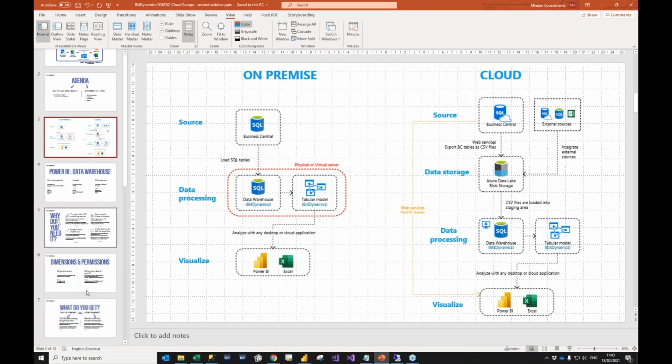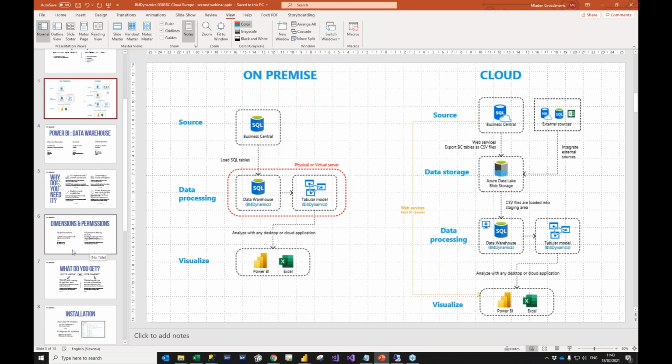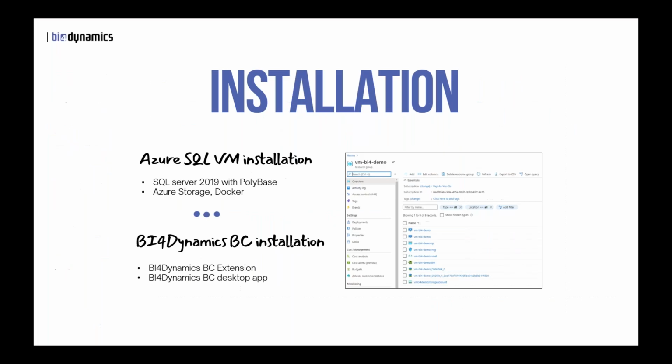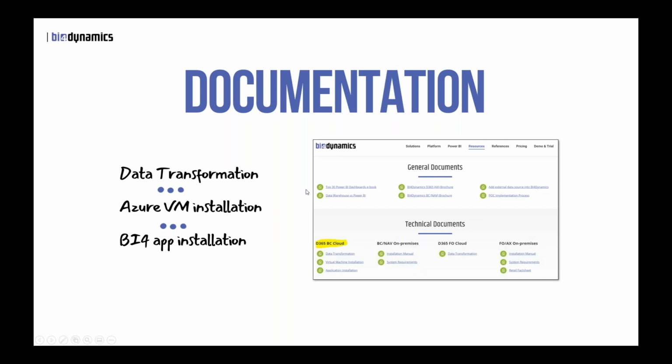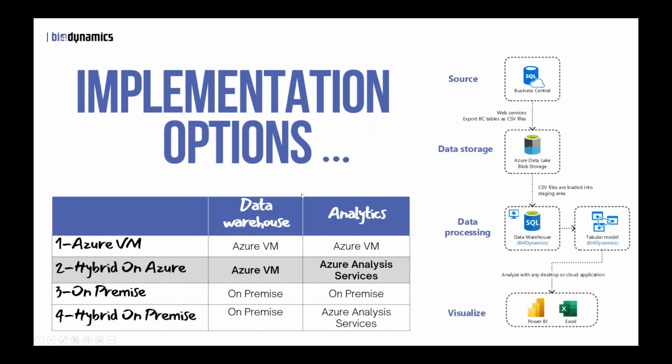Yeah. So this is what we covered, with the documentation and installation. Definitely what I would suggest as the best option is hybrid, not only from the cost perspective, but also from the access perspective.